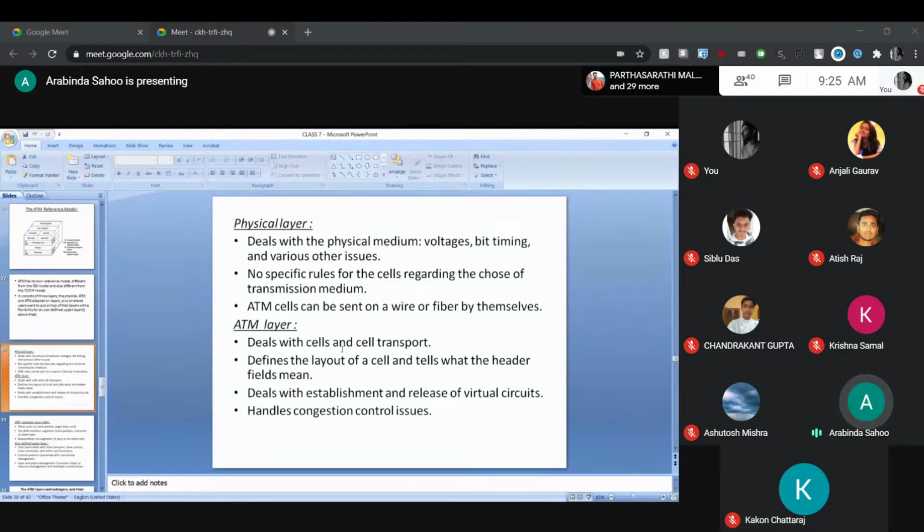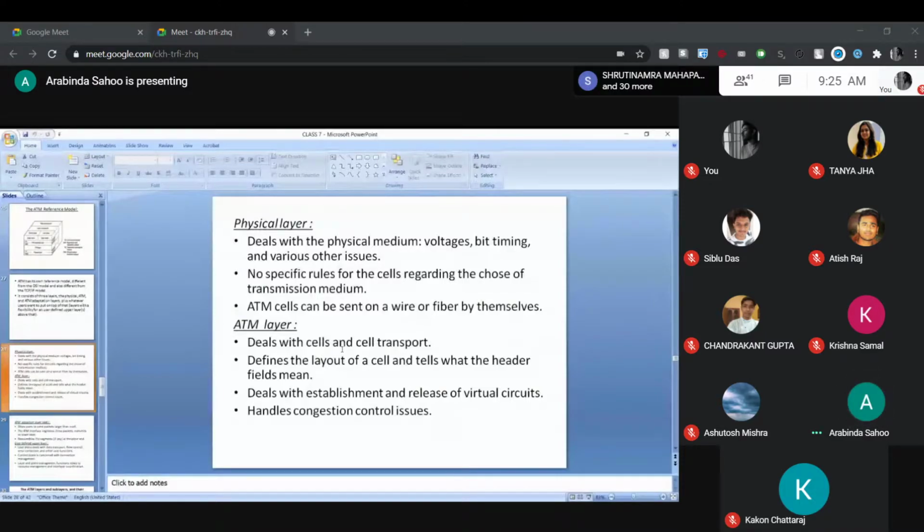It deals with header information to identify one cell from another cell, so it is a type of address. So this ATM layer defines the layout of a cell and tells what the header fields mean. This is the second function.